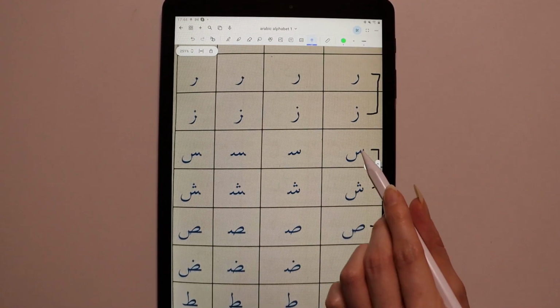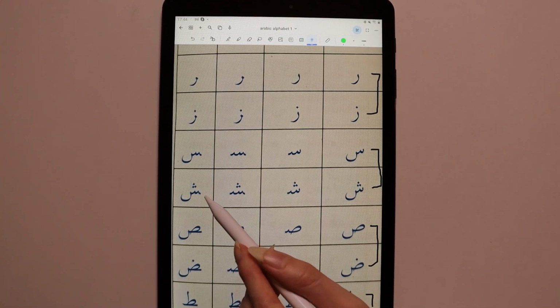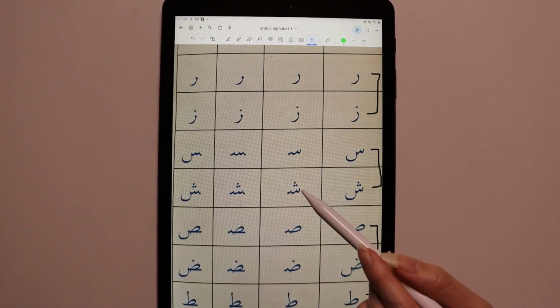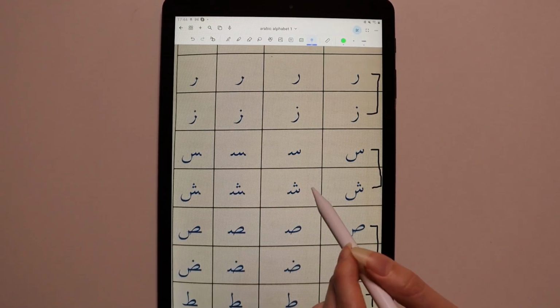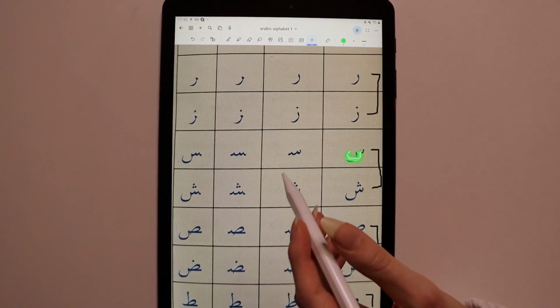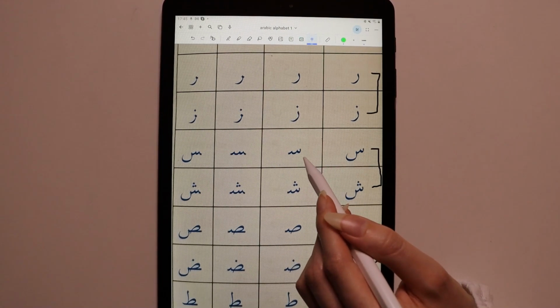So the isolated forms look just like the end forms, but the end forms are connected, like they come from the previous letter. And then the beginning and middle forms also look kind of similar, but they don't have this line here. They just come like this, just these 3, like a lying 3.